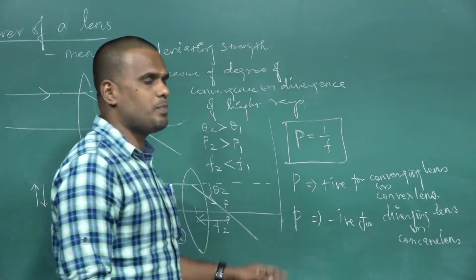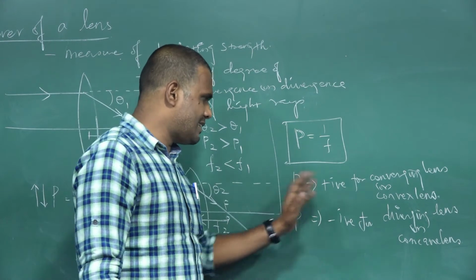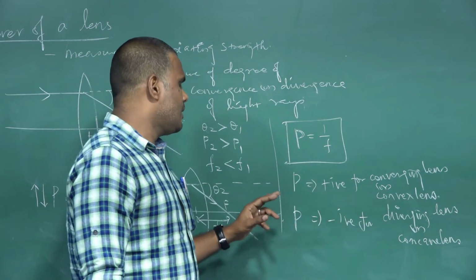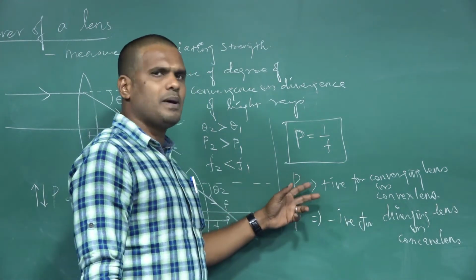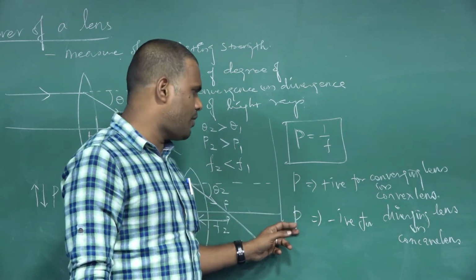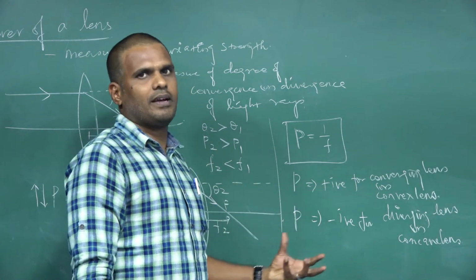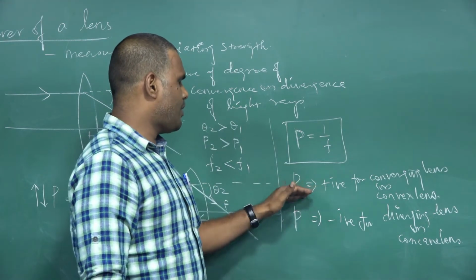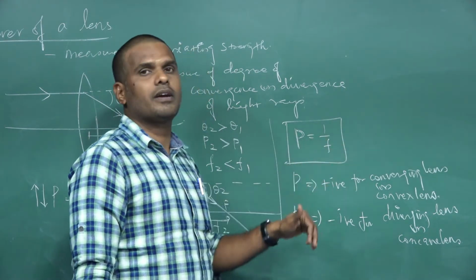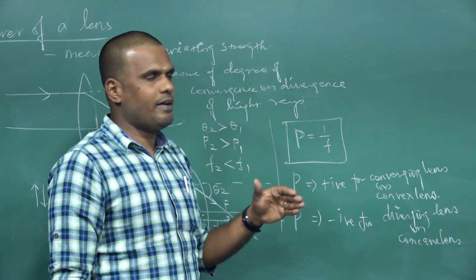So we can say if power is positive, focal length is also positive. If power is negative, focal length is also negative.